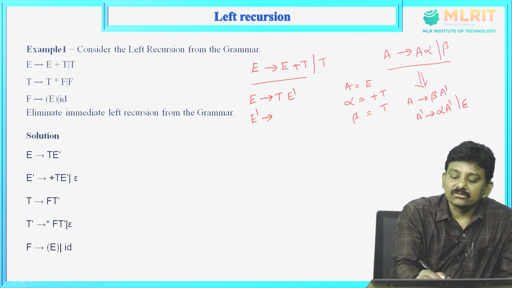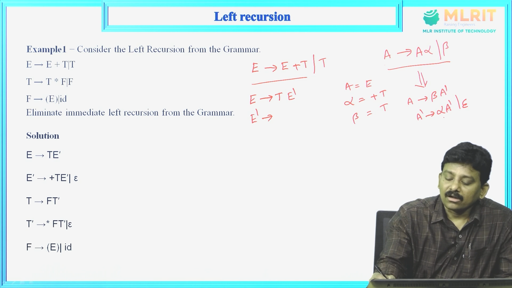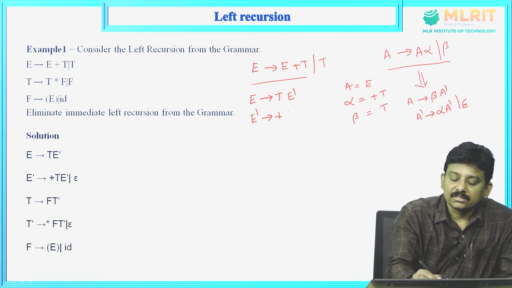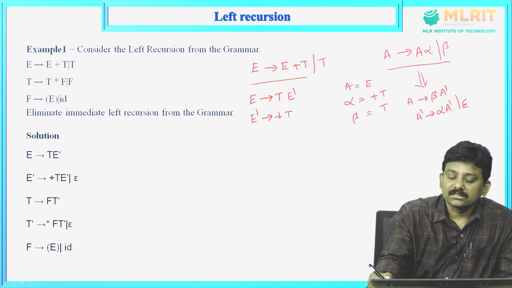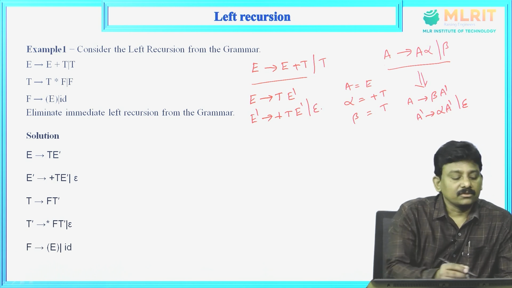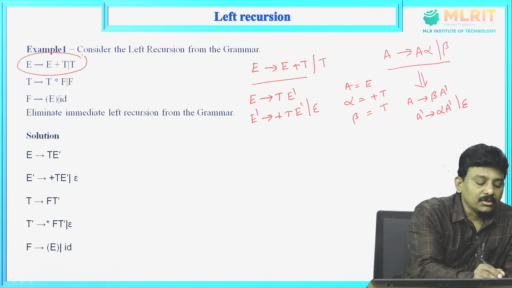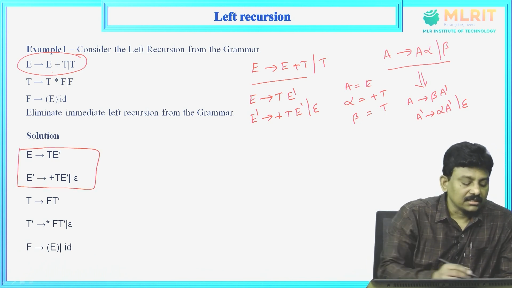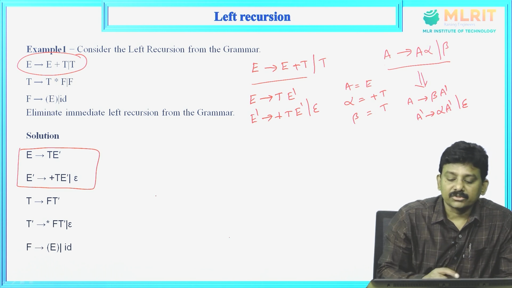E dash derives alpha A dash. What is alpha? Alpha is plus T. A dash means E dash, so E dash derives plus T E dash or epsilon. So this rule is replaced by these rules: E derives T E dash, E dash derives plus T E dash or epsilon.